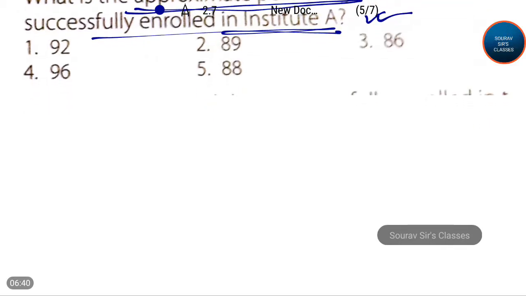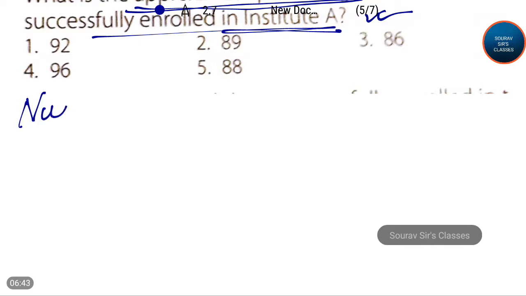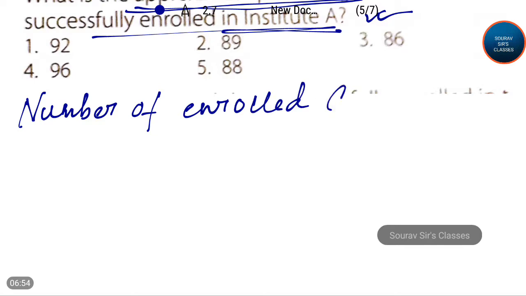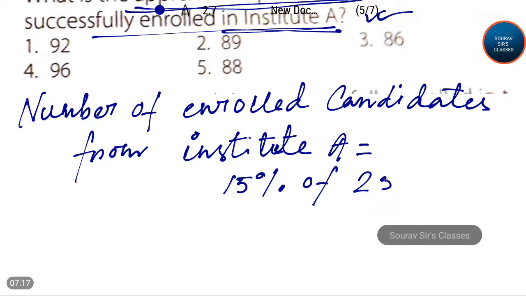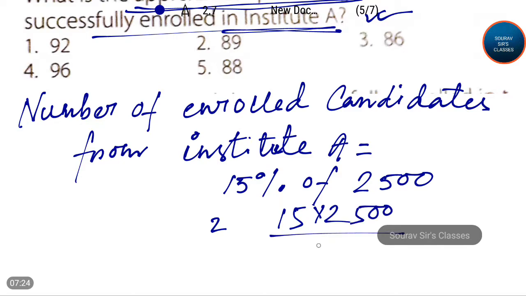The number of enrolled candidates from Institute A is equal to 15% of 2500, that is equal to 15 into 2500 divided by 100, that is equal to 375.